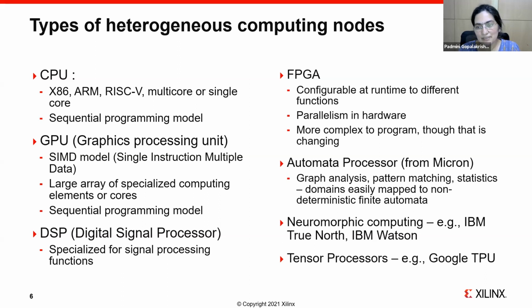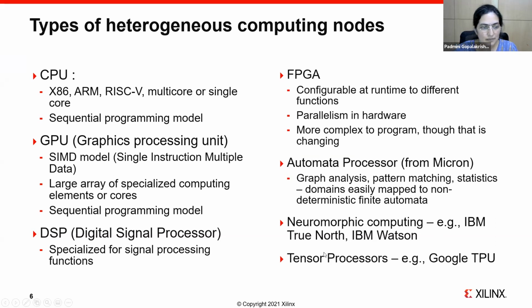And they do this by leveraging the fact that you can use large memory arrays to efficiently implement state machines. And so these kinds of processors are very well tuned to do things like graph analysis, pattern matching, or statistics with very high performance. So this is a relatively new type of processor. It's a very interesting kind of architecture.